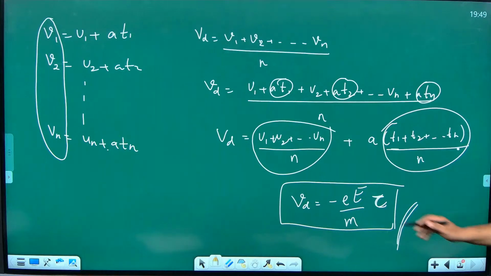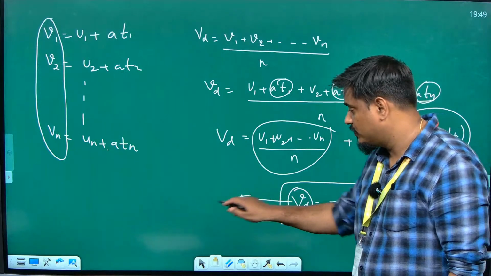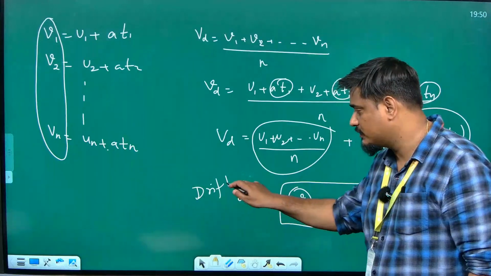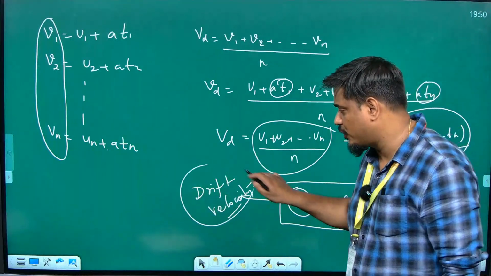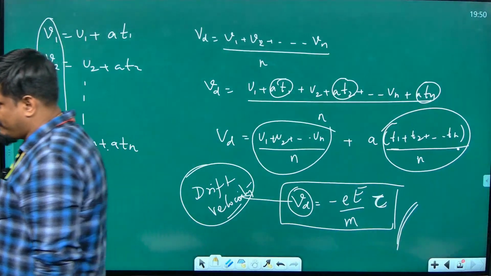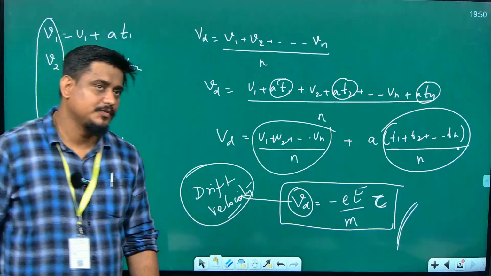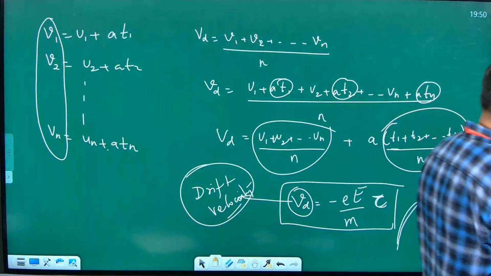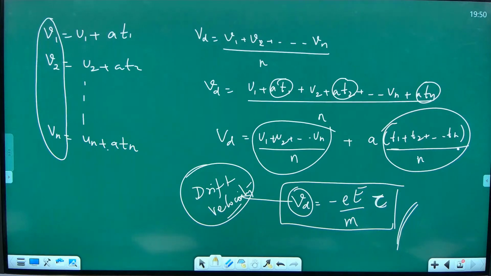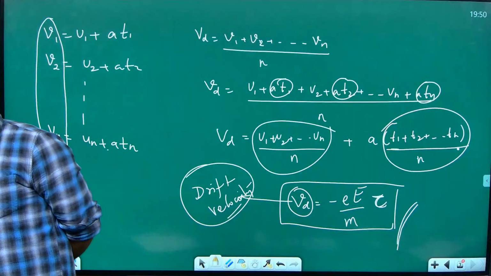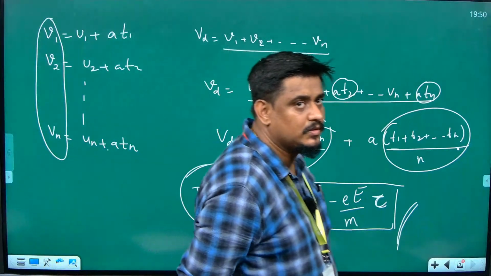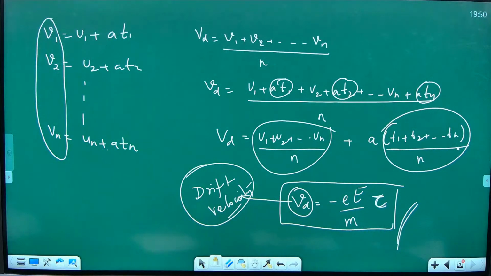So if you have written, you can define drift velocity now. If you want to write for the exam sake, you can write the definition of drift velocity. Please write it down. If you're writing something else, leave some space.